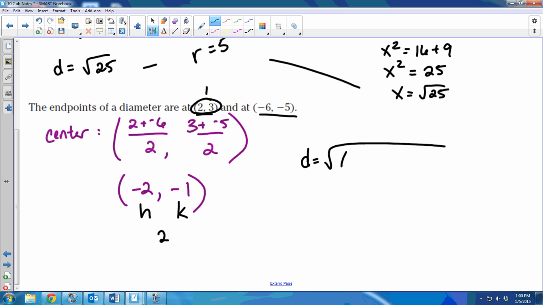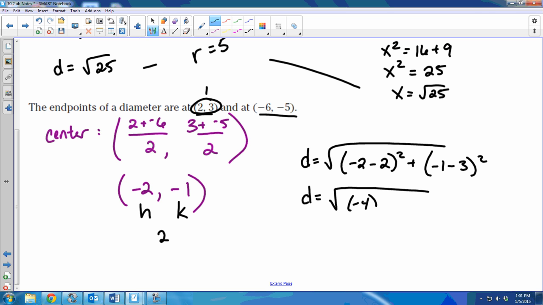It doesn't really matter though. So I've got negative 2 minus 2 squared plus negative 1 minus 3 squared. So that's negative 4 squared plus negative 4 squared, which is 16 plus 16, which is the square root of 32.